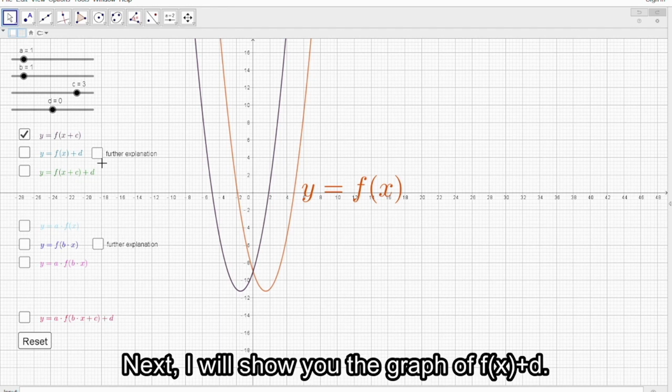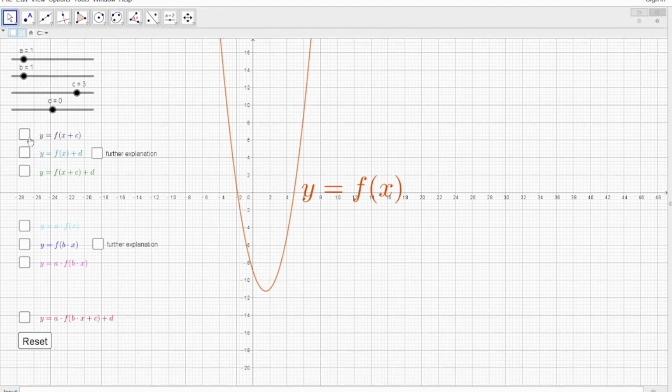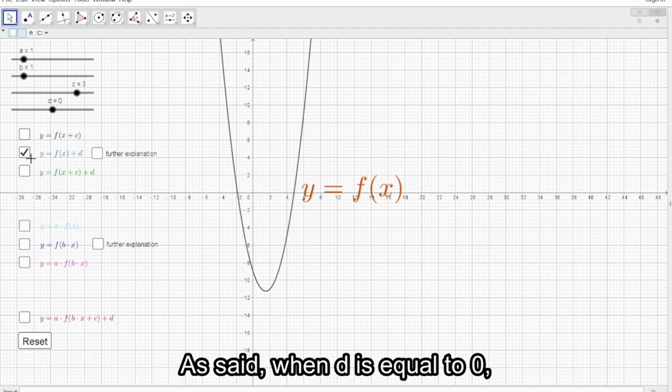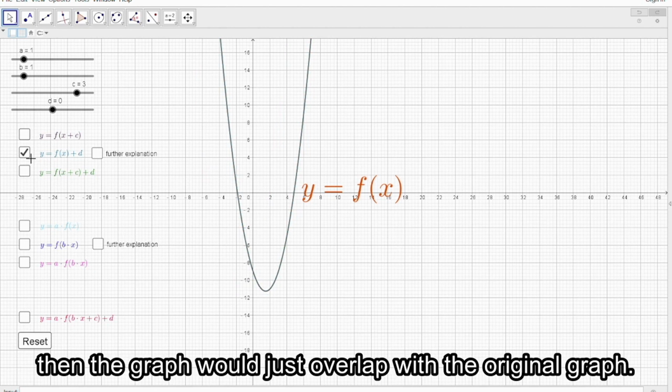Next, I will show you the graph of f of x plus d. Except when d is equal to 0, the graph would just overlap with the original graph.